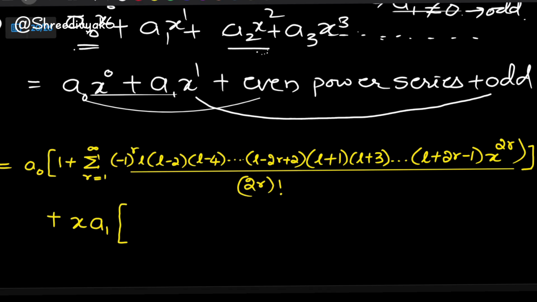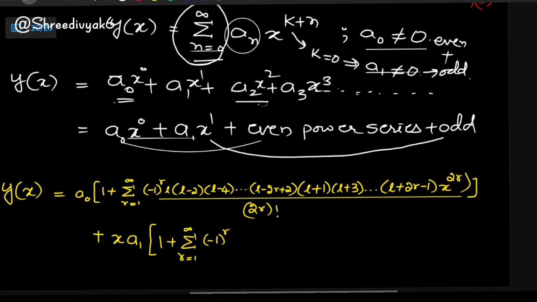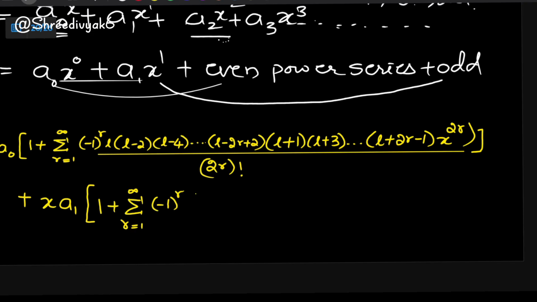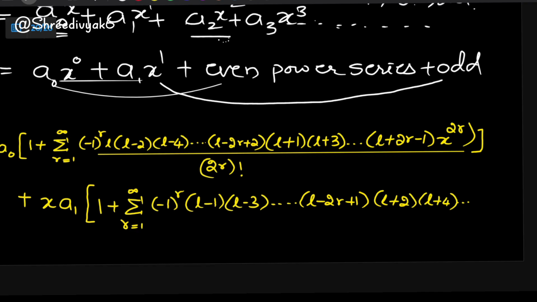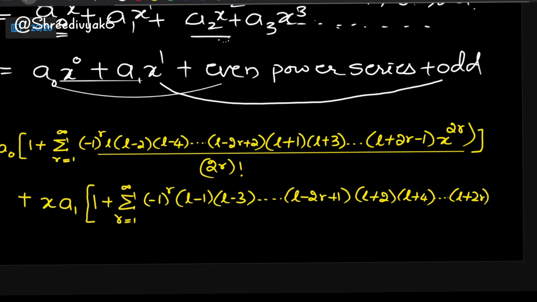Again, x into a1 I can take in common, that is 1 plus summation r equals 1 to infinity, minus 1 raised to r, this odd power series I am writing, L minus 1, L minus 3, and so on up to L minus 2r plus 1, into again the next L plus 2, L plus 4, and so on up to L plus 2r, into x raised to 2r.